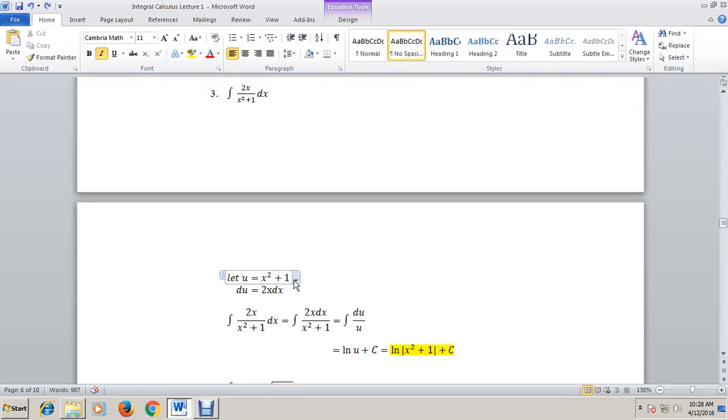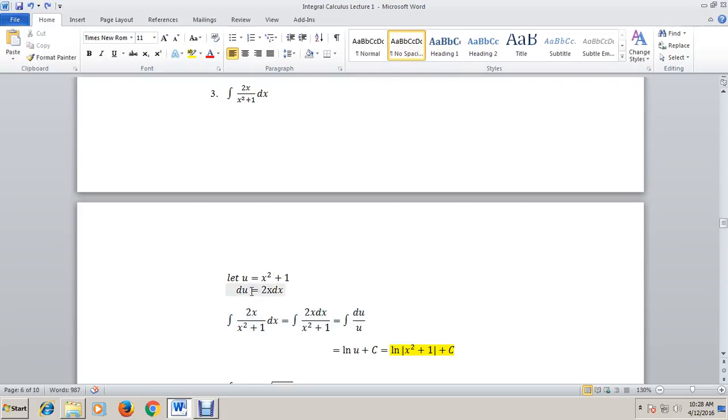Of course, plus 1 here no longer appears in your derivative because this is a constant. Try to recall in your differential calculus that the derivative of a constant is 0. So the derivative of 1 becomes 0, so this is supposed to be plus 0, but that no longer appears in your expression, so you are left with 2x dx.